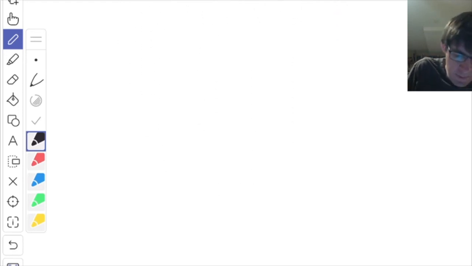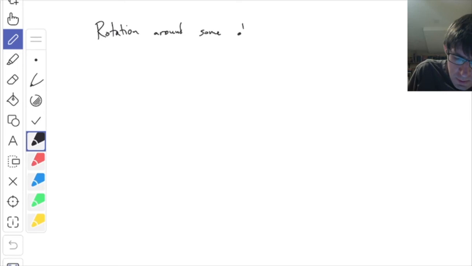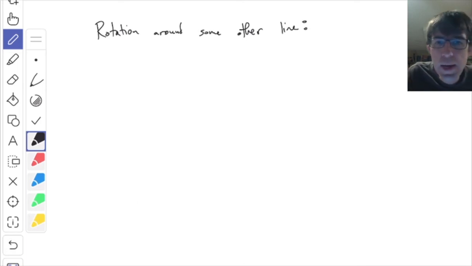One more slight variation is rotation around some other line. I mean, not the x-axis, not the y-axis, but just some other line. And we're only going to look at horizontal or vertical lines.